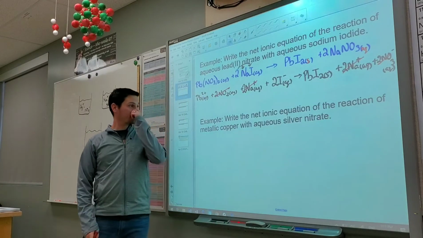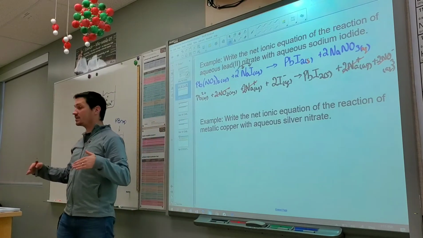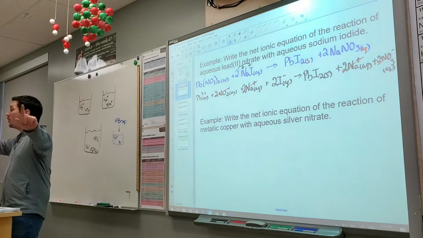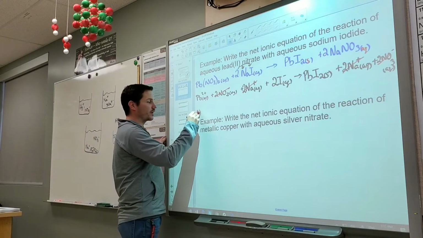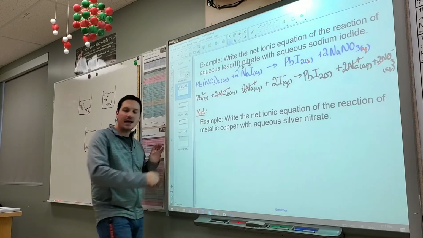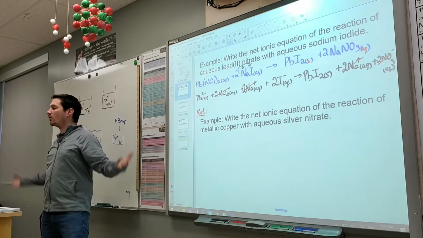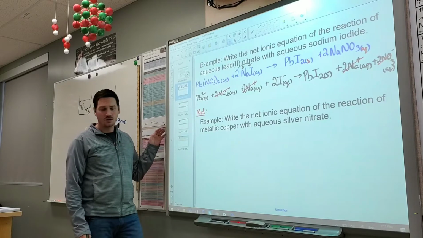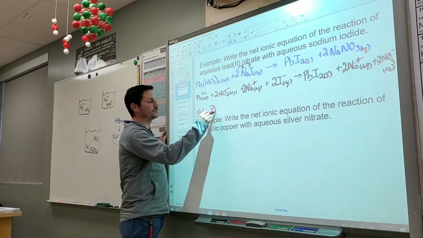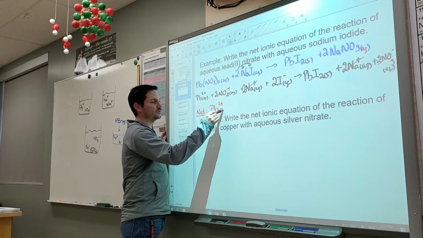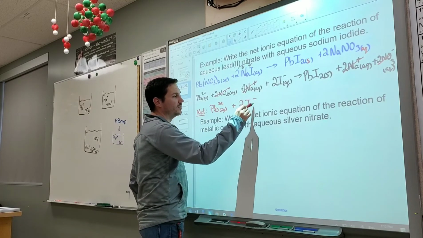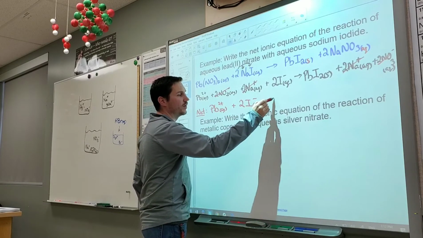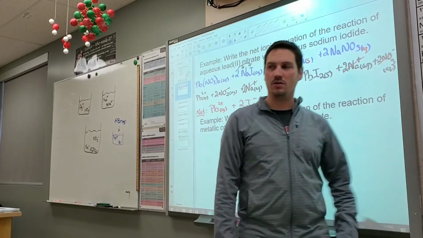Okay. Let's rewrite everything that we didn't cross off. This is our net ionic reaction. What net means is like overall reaction. I'm literally just copying down everything that I didn't cross off.